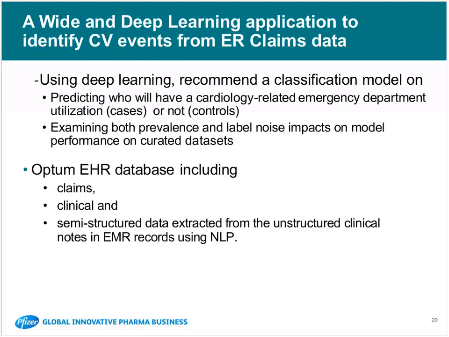The data came from Optum claims data, and it utilized clinical data, including demographics, as well as natural language processing and text mining done on the unstructured clinical notes, which were extracted and put into this database as part of the predictors.